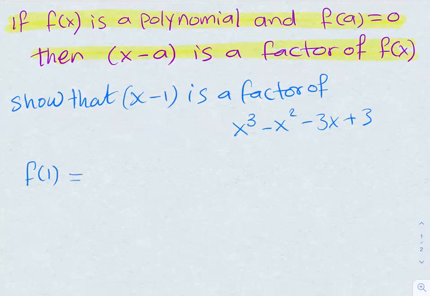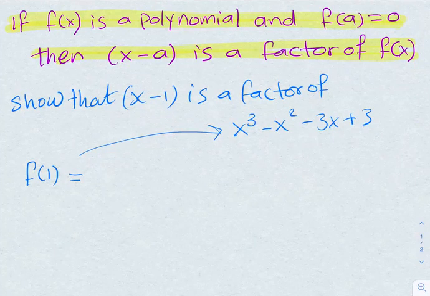You substitute in this expression, each x, put it as 1. If the answer at the end equals 0, then we say x minus 1 is a factor. So we'll try f of 1, that's f of a. If f of a equals 0, then that means x minus a is a factor. So let's try f of 1 here.